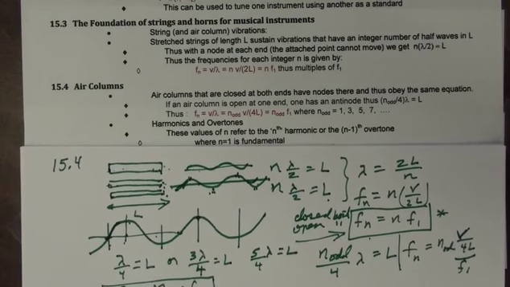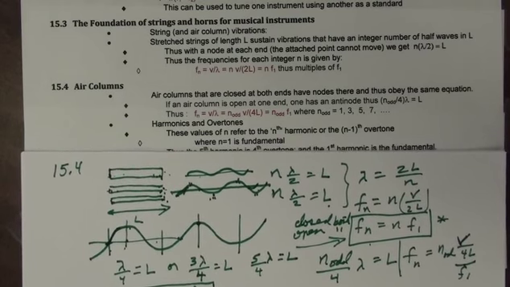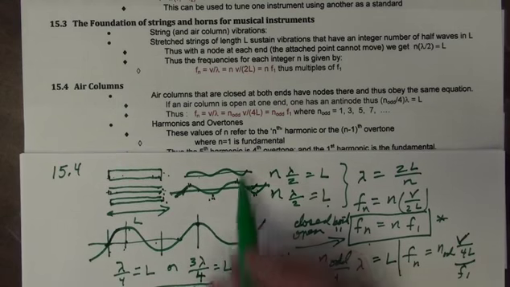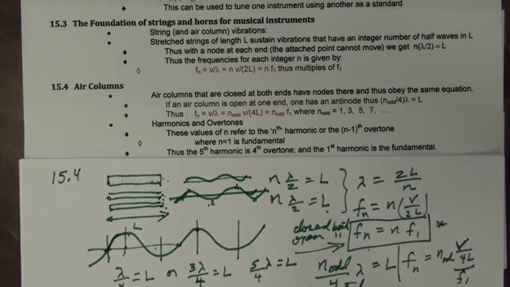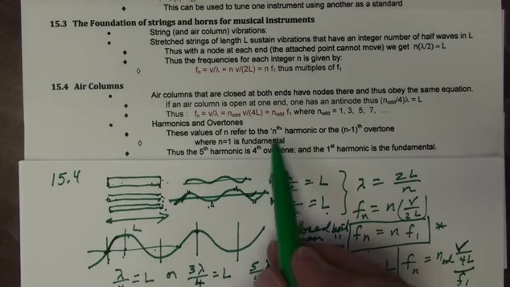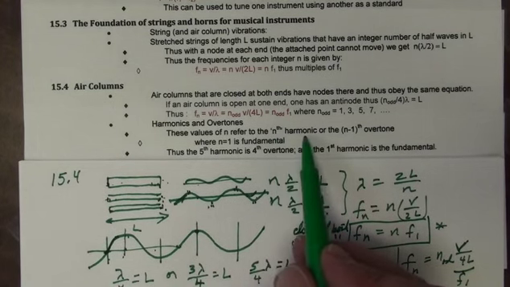Now, again, let me mention that this first harmonic is called the fundamental. N is equal to 1. It's called the fundamental. That's the fundamental frequency that we're going to have. And the nth one of these oscillations is going to be called the nth harmonic.